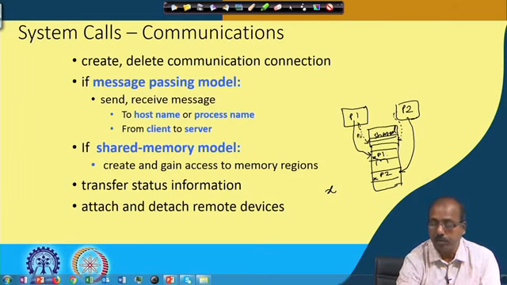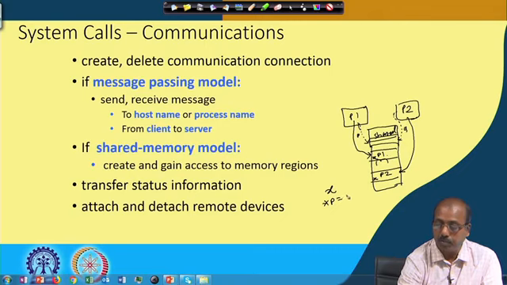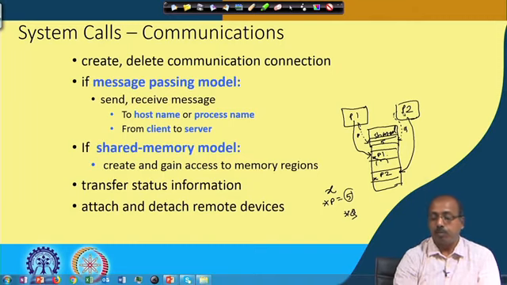Suppose the name of this pointer is P and this pointer is Q. If P1 writes *P = 5, then this particular location will get modified to 5. Then if P2 looks for the value of *Q, it will find that the value is equal to 5, the value of x there. This way we can have the sharing.